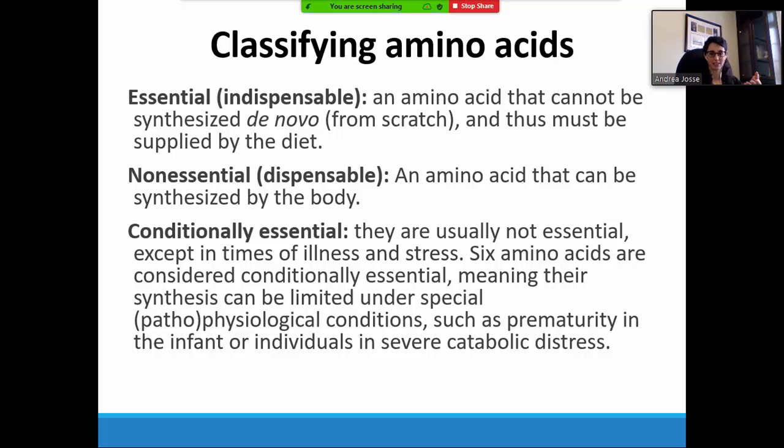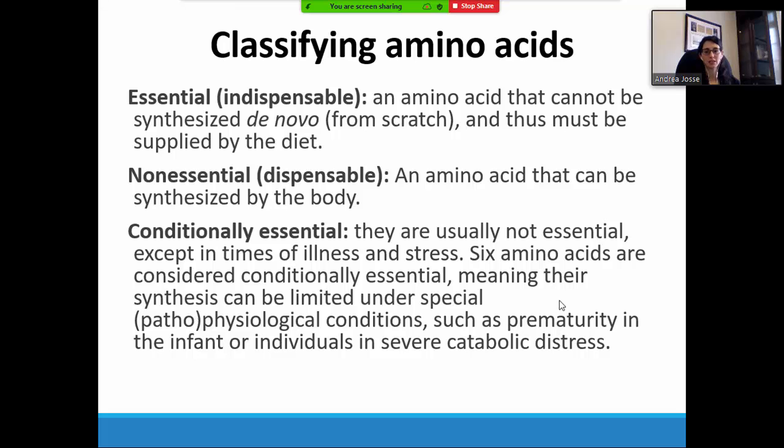So I've listed here in times of illness or in times of stress or potentially other times like, maybe in pregnancy when metabolism is really high and you require a lot of protein, things of that nature. So conditionally essential amino acids are usually not essential except in times of illness and stress. And there are 6 of those that are conditionally essential, okay?